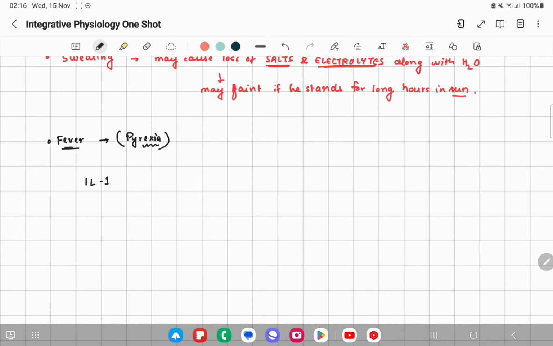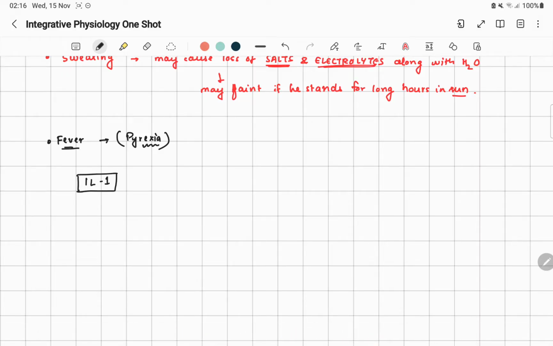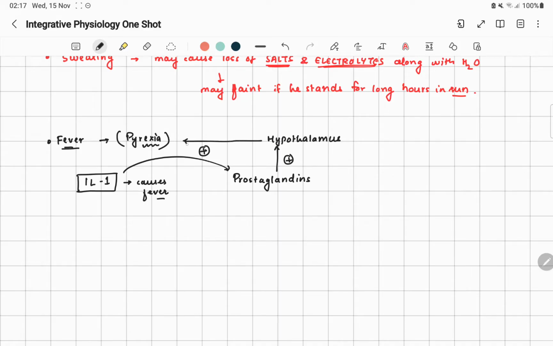Interleukin 1 stimulates the formation of prostaglandins, which act on the hypothalamus. These prostaglandins stimulate the hypothalamus and can cause the fever. So IL-1 can cause fever.